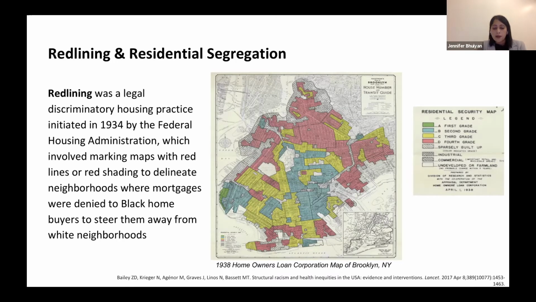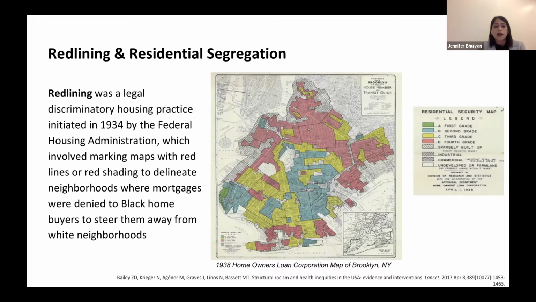And in the red shaded, redlined neighborhoods in these maps, this is where there were actually a high number of Black residents. And so, this was obviously a highly racist policy.